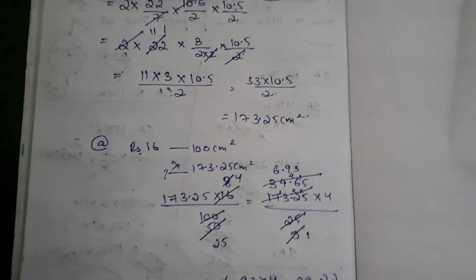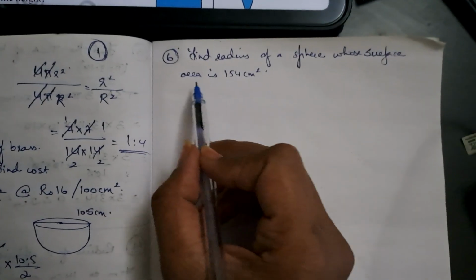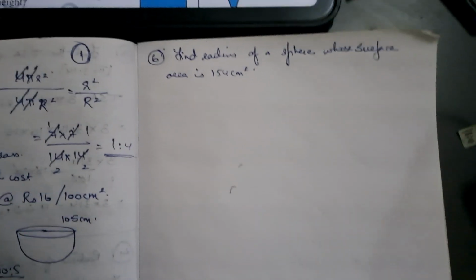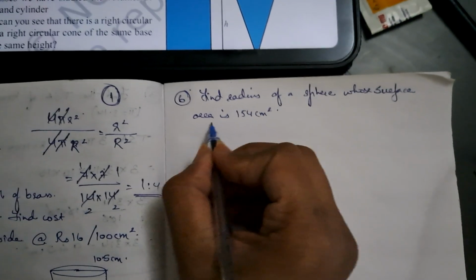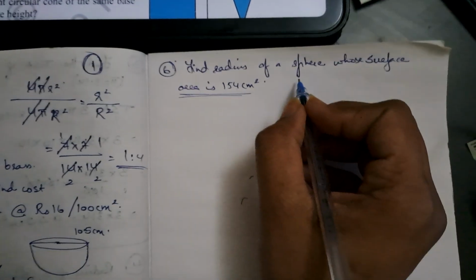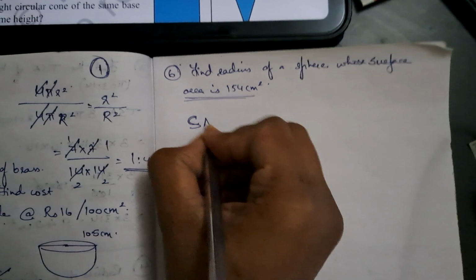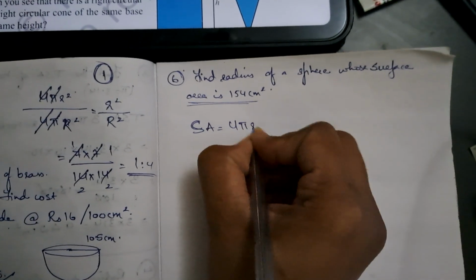Going ahead with the sixth question, it says find the radius of a sphere whose surface area is 154 centimeter square. The surface area is given to you, and it is talking about the sphere. In the sphere we have the surface area, which is 4 pi r square.